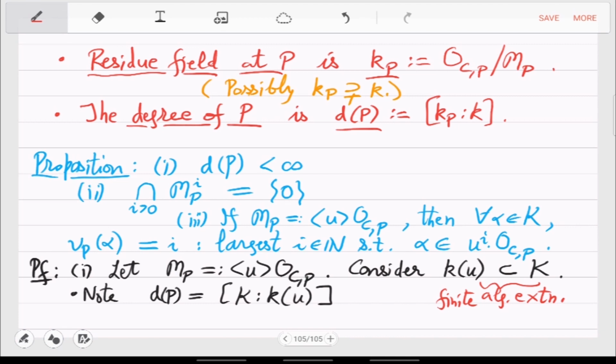They are not coming from the algebraic closure of small k. Then it would have been infinite. So the big K is actually the functions from the same field. Like if it was a finite field F_q, we are looking at functions from F_q. So the constants are the same. Yeah, think about that example. In the example, can we see this easily? So u essentially comes from the definition, the ideal that defines the point P.